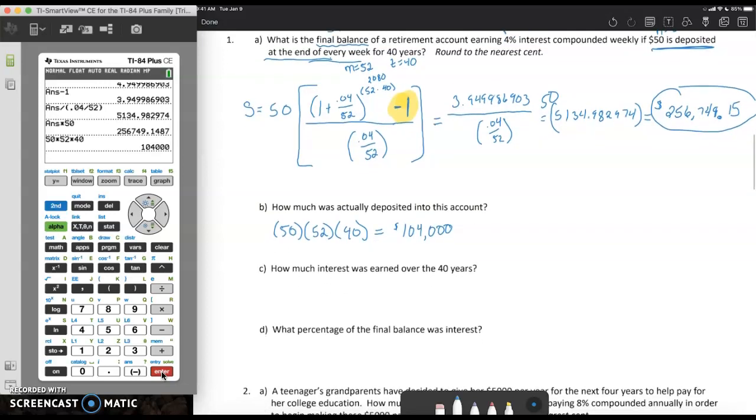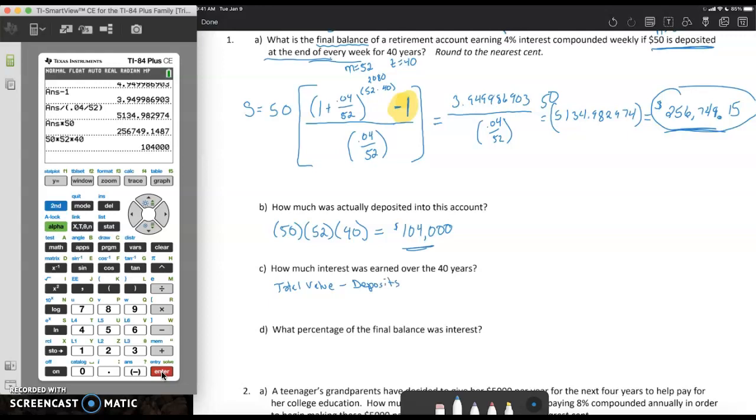How much interest was earned? So they could ask you how much interest was earned over this 40 years. Well, if this was their total and this was what they actually deposited, then everything else is interest. So if you're finding interest, remember, find that total value minus the deposits. And everything else is interest.